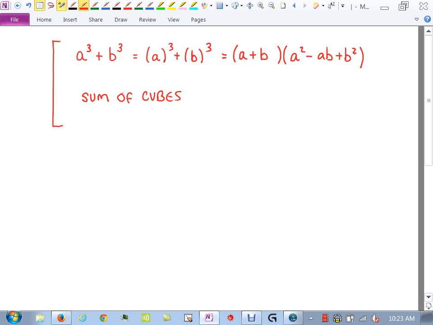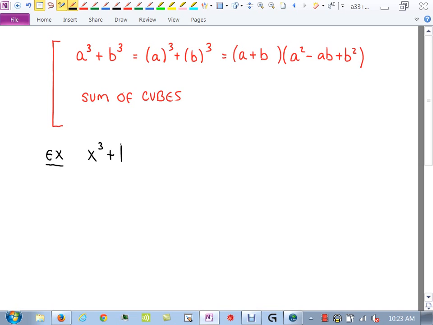So let's see this applied, and we'll start with something kind of basic and work our way up. How about x to the third plus 1? GCF? No. How many terms? 2. What do we have in our bag of tricks with 2 terms?